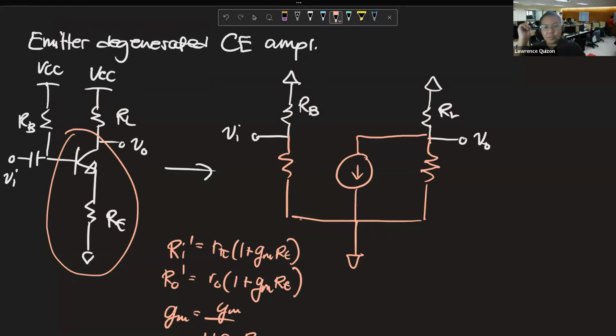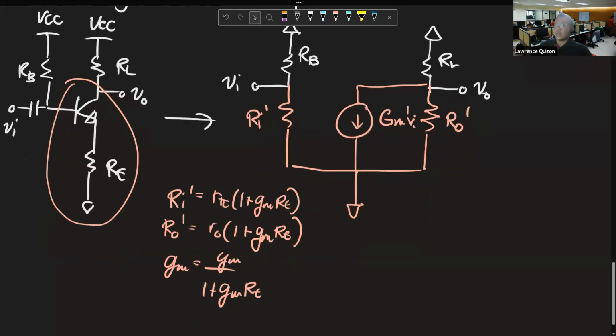We can substitute those values into this two-port network, no? And finally, what do we get? No? The final small signal parameters would then be these, no?